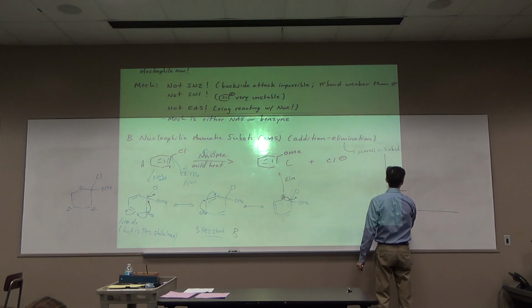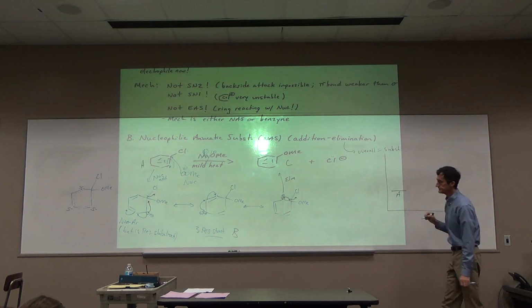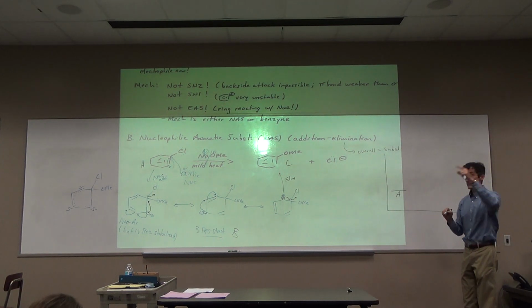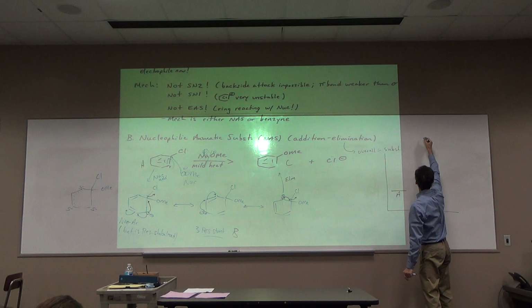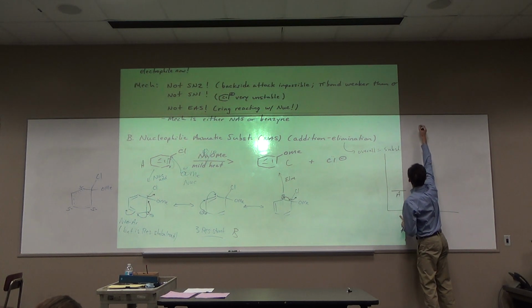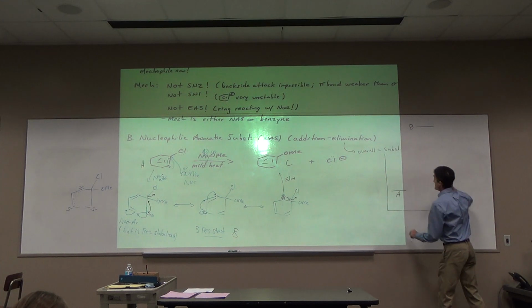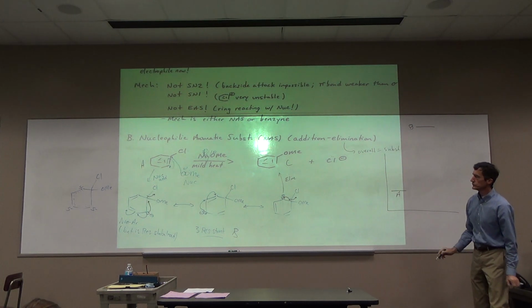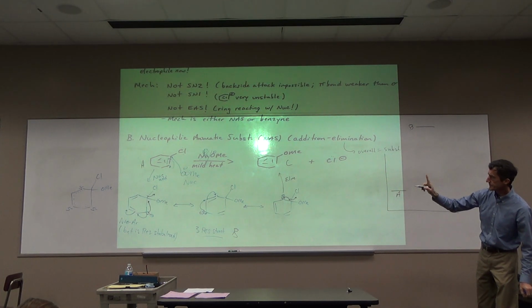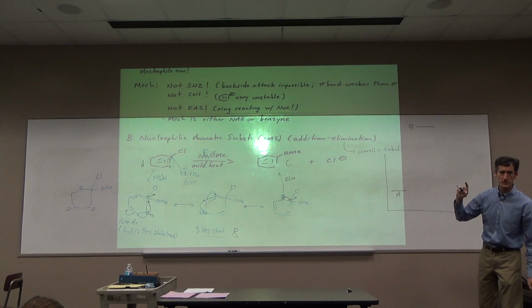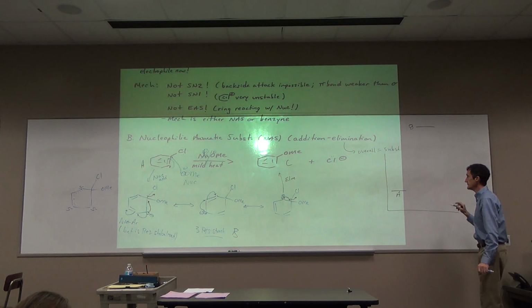What do we got? A. Where's B? B is higher. And where's C? I'm not going to try to distinguish between A and C. They're pretty darn similar. Same number of pi bonds.